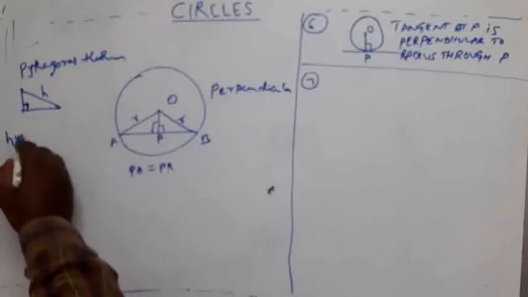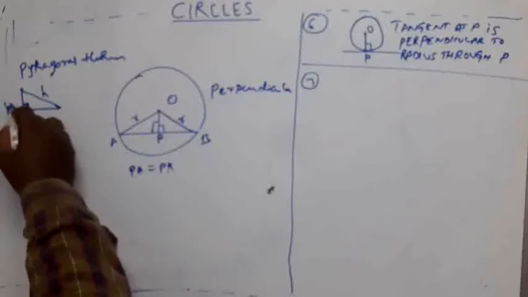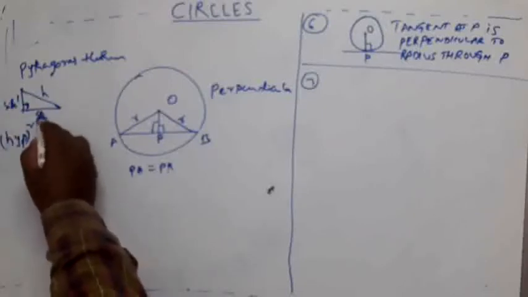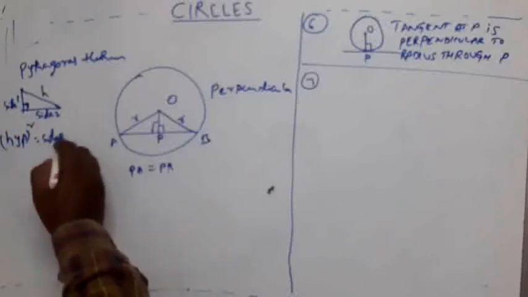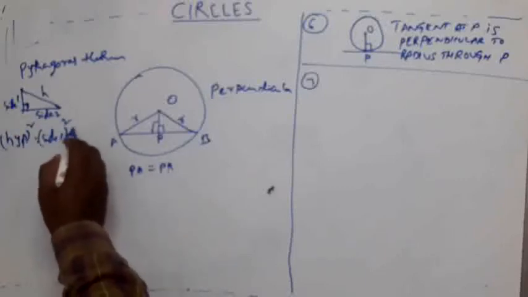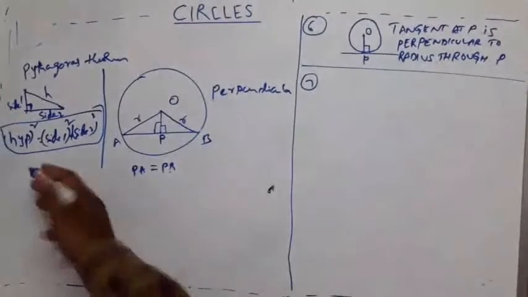The square of the hypotenuse is equal to the sum of squares of the remaining two sides. Let us say this is side 1, side 2. Side 1 square plus side 2 square. This is Pythagoras, we all know. This is a very useful point, right? Pythagoras is very important. In any right angle you can use this.